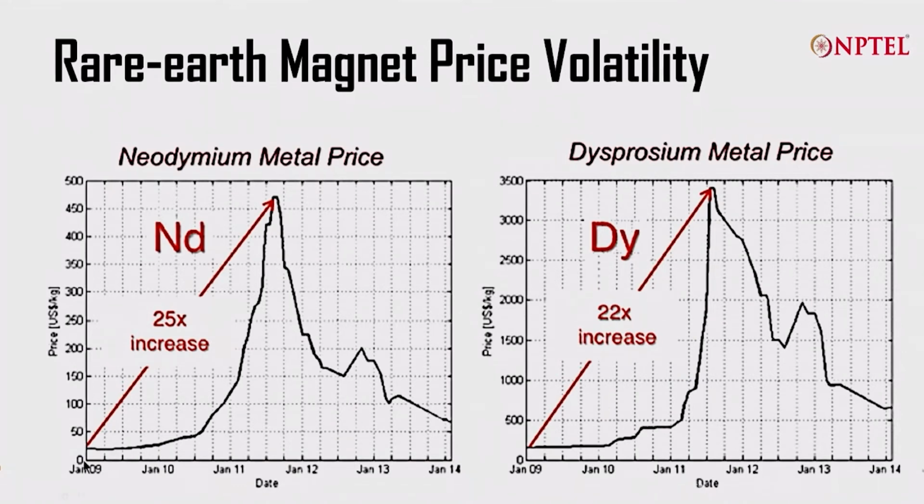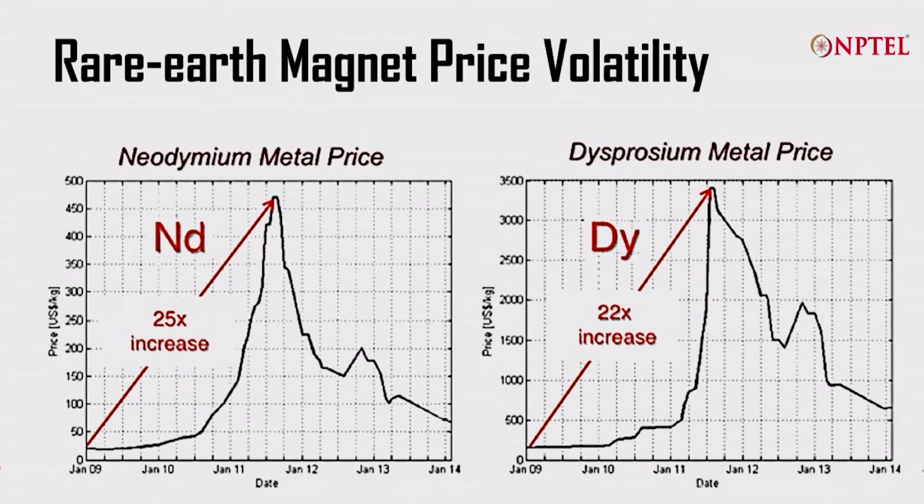You can see that in a span of something like from 2010 to 2011, in a period of 1 year, the price went up from something like 25 to 450. So, nearly 20-fold increase or 25 times increase in price.